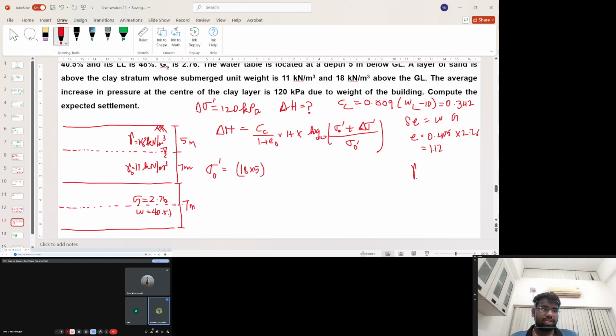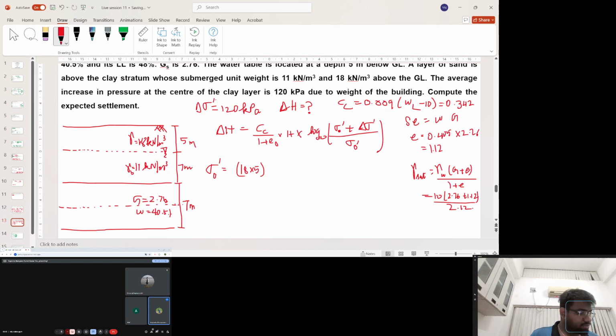So gamma sat will be gamma W into G plus E divided by 1 plus E, right? 10 into 2.76 plus 1.12 divided by 2.12.